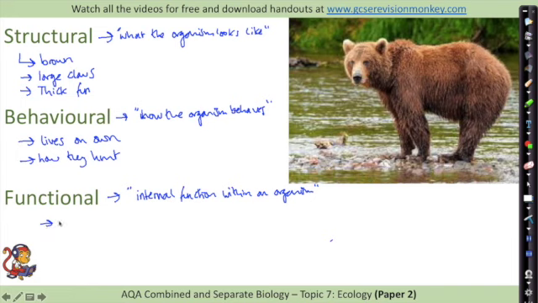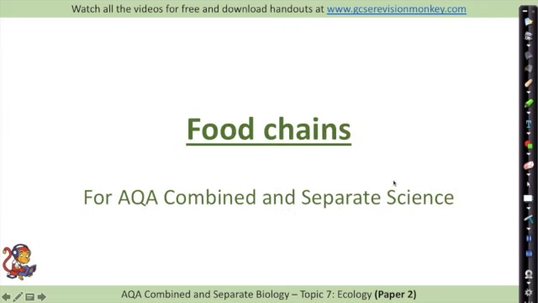So, for example, its metabolism, or the reproductive processes that go on inside the animal. So, for example, this bear may hibernate, and during hibernation it lowers its metabolism. So I could envisage a 6-mark question about adaptations whereby they would expect you to look at all three different types.